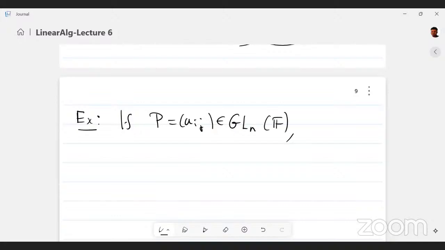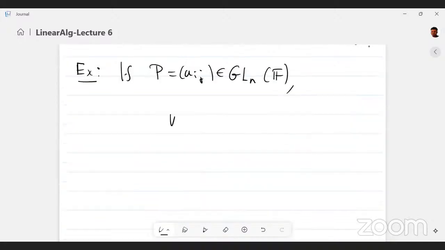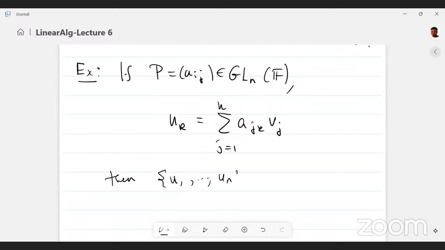Then I write UK as summation AJK VJ, where J ranges from 1 to N. So what is my claim? This U1 through UN is indeed a basis. So this tells you how to go from one basis to another basis if you fix a basis. The transition matrices should be invertible. That's what it says.